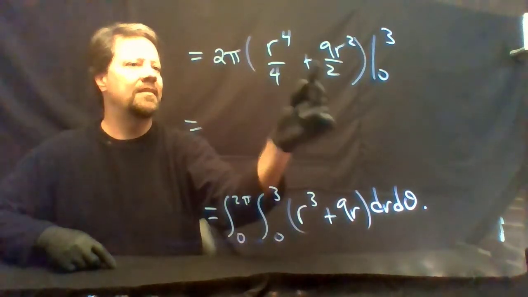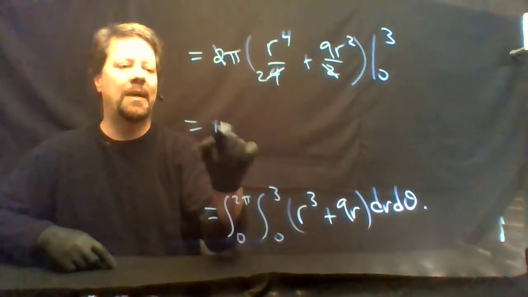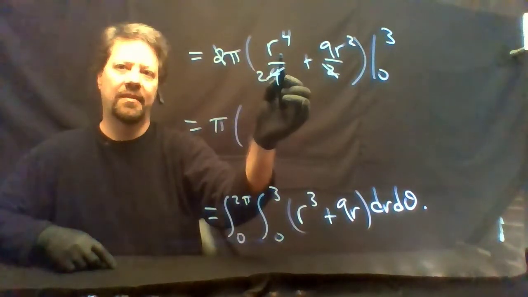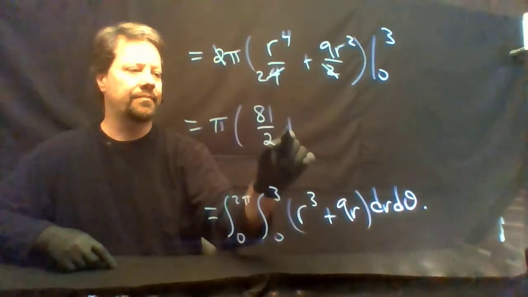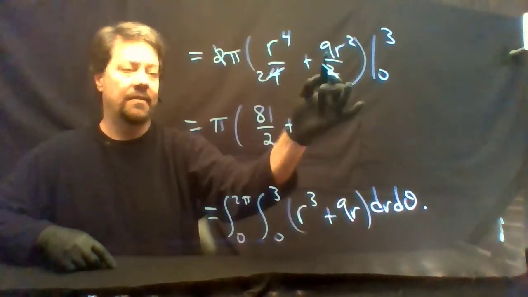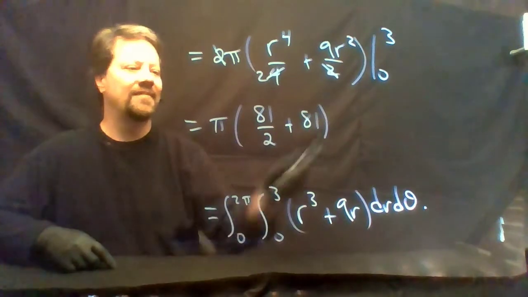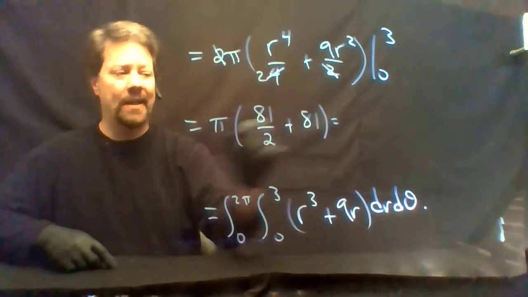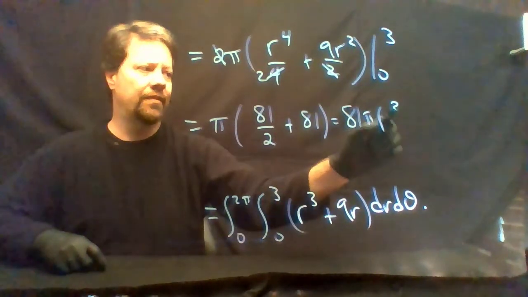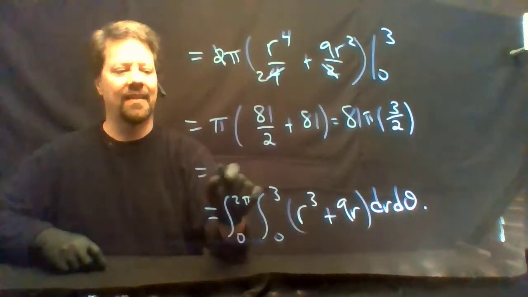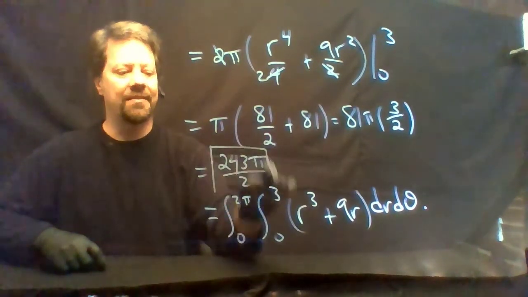We can distribute this 2, and we'll have pi times 3 to the power 4 is 81. 3 squared times 9 is 81. Factoring the 81 out, we get 1½ left over, or 3 halves. We end up with 243 pi over 2 as the flux.